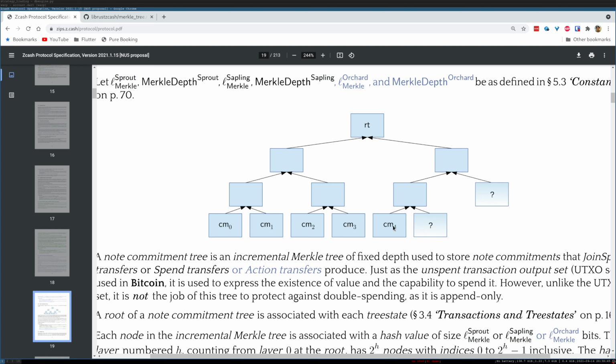We have left is CM4, right is none, then the parent is none, and the grandparent is this guy, right? That we just got by hashing these two nodes together. So I hope you can see, at least manually, how things go, right?